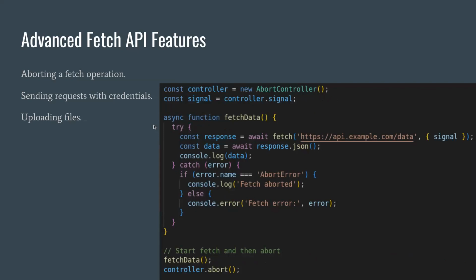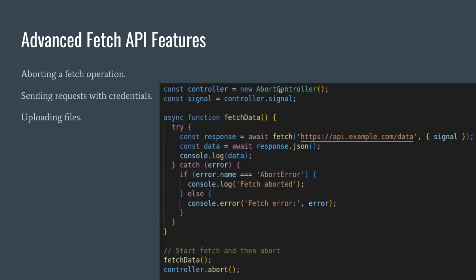So, advanced Fetch API features. The Fetch API also provides advanced features like aborting ongoing requests, managing credentials in cross-origin scenarios, and handling file uploads. These features make Fetch a versatile tool for various web development needs. The example that I'm showing you is a way to abort an ongoing request.